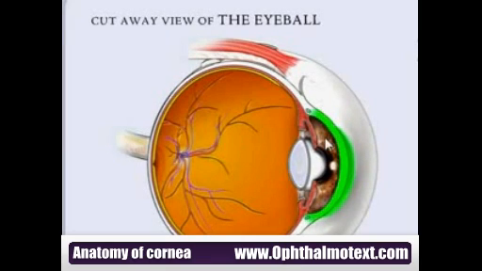Immediately beneath it, you can see the iris. Mainly the color of the iris gives the appearance of a particular color to the cornea. Here, the sclera overlaps the cornea at its periphery and appears in front as a white portion of the eye. This is an important point you need to remember.